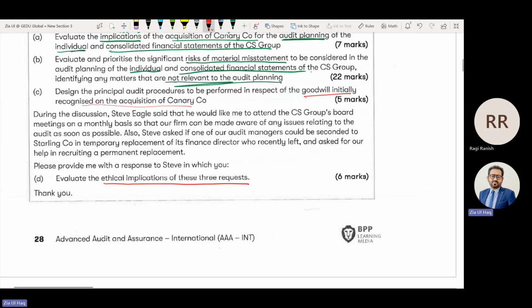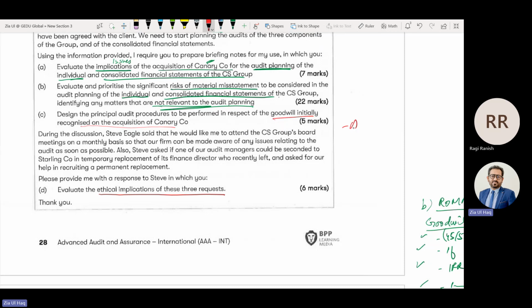The first issue is what? Attending a client board meeting. What's the issue? If we are attending board meeting where the client is discussing their business and making some decisions about their business, this means we are performing a managerial level function. And if we are performing a managerial level function being auditor, it could create advocacy threat affecting auditor independence and objectivity.